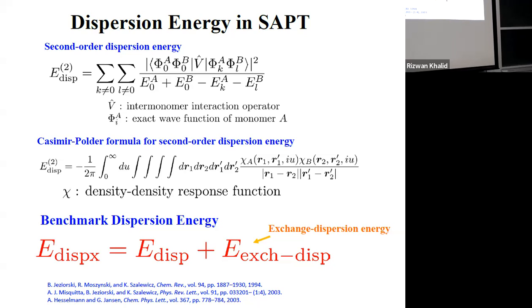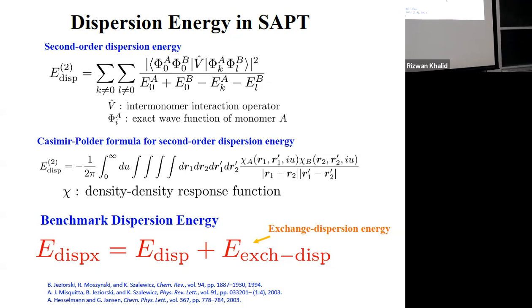And one could write this expression of the dispersion energy in terms of the density response function. It's just a fancy name to describe how a perturbation in a charge density would affect that charge distribution. So it's the same thing as this, we could just rewrite this expression in these terms.